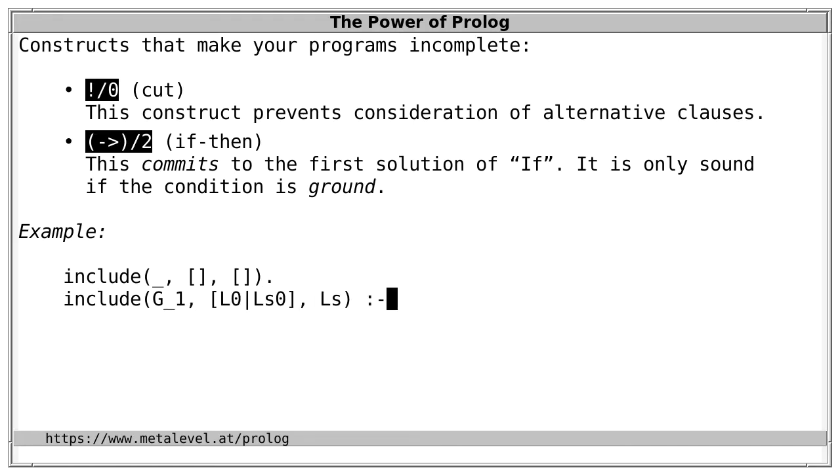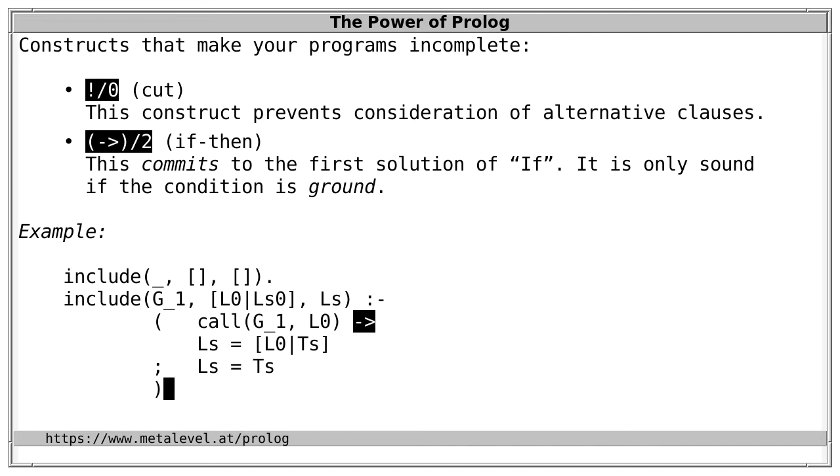So in this case, the relation holds if, and now it depends: if the partial goal holds for the first element L0, then the element should be included. So we relate the original list to a list Ls, which contains L0 as its first element, and also has a tail Ts. And otherwise, the element is not included.